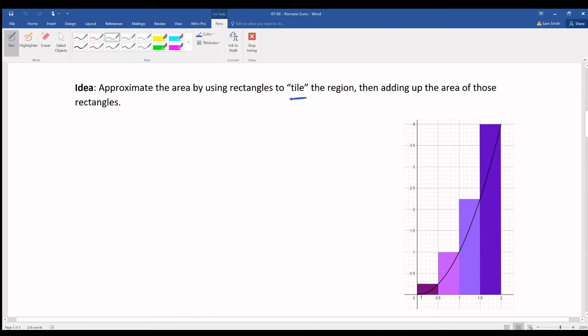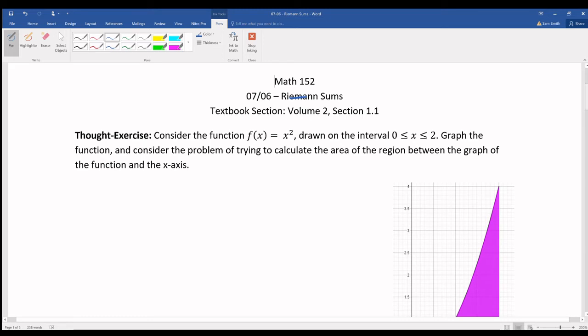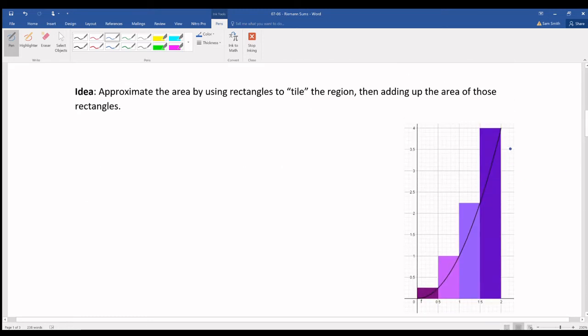What if we tried to tile this region using rectangular shapes and then find the areas of each of those rectangles and then add them up, and that should give us an estimate for the area as well. Now at first glance this may seem like a really bad way to estimate the area. We're going to figure out as we go forward ways to use limits to make this a really good approximation.